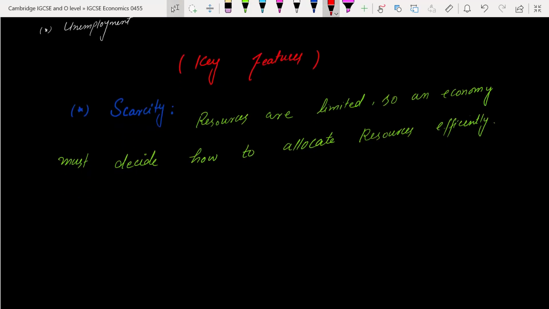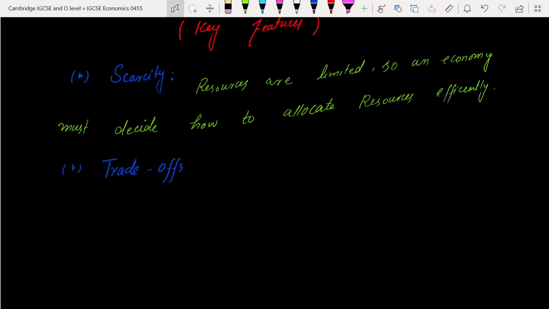The second key feature of the production possibility curve is trade-off. Trade-off means producing more of one good means producing less of another due to resource constraints. For example, we will try to produce one good and we will not allocate our resources on another product, right? Maybe that product has a global demand.